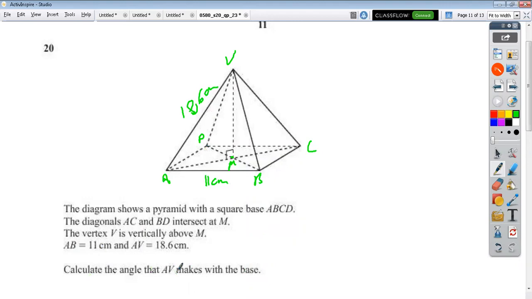Calculate the angle that AV makes with the base. So what do you do?